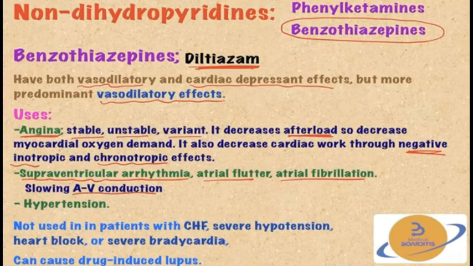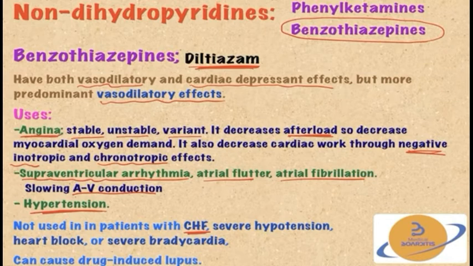Doxazosin, terazosin and less commonly prazosin are used as oral agents in the treatment of hypertension. These are relatively more selective for alpha 1 receptors, which are involved in vascular smooth muscle contraction.